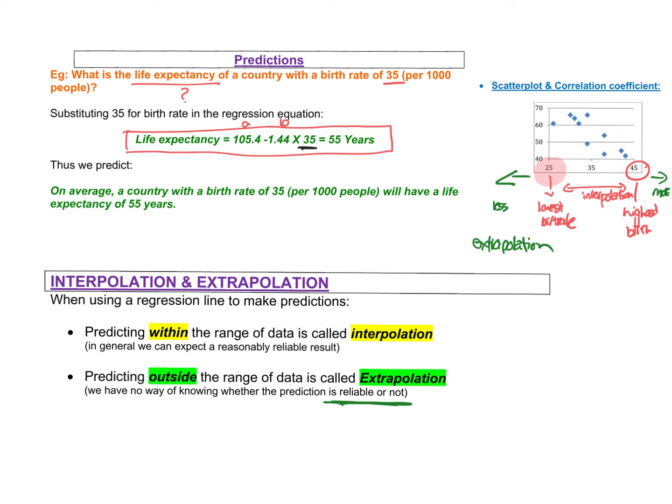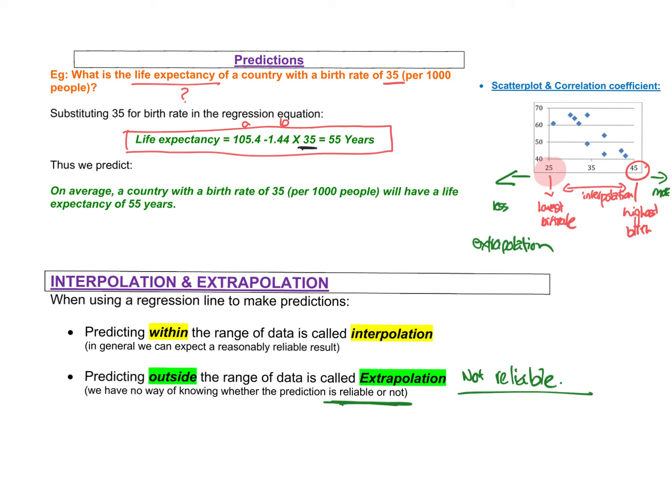So you might want to highlight that the prediction is not reliable. Or maybe just write that, because they'll ask the question, why is this not reliable? And you will have to say, because it's extrapolation, you're predicting out. Or they might say, make this prediction, what is it, interpolating or extrapolating? So you'll have to state which one it is.